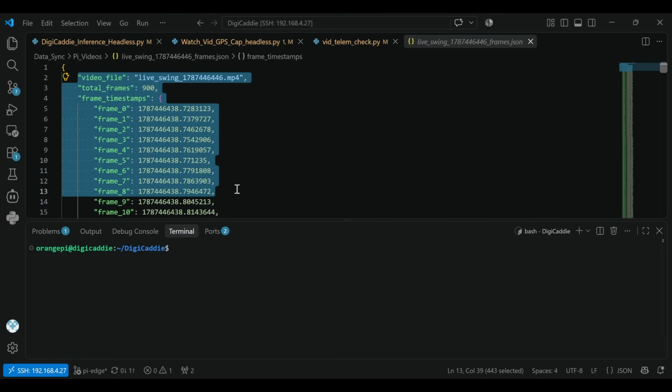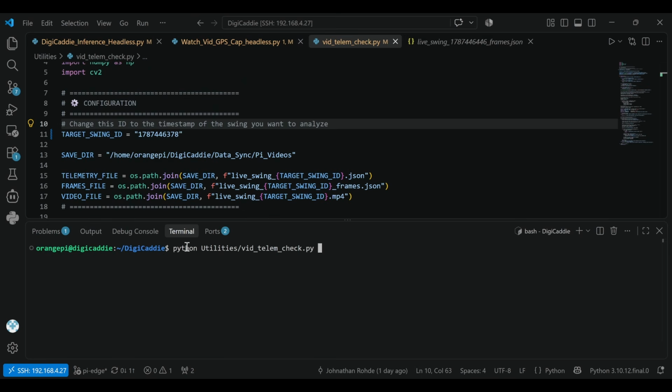By collecting the UTC times on both the watch and the camera, I am then able to take my watch data and then specifically target images inside of the video that I captured that are relative to when I hit the ball, or when contact is made, and then back everything else out of that to capture the full swing.